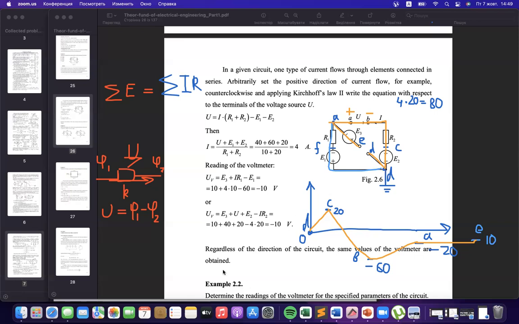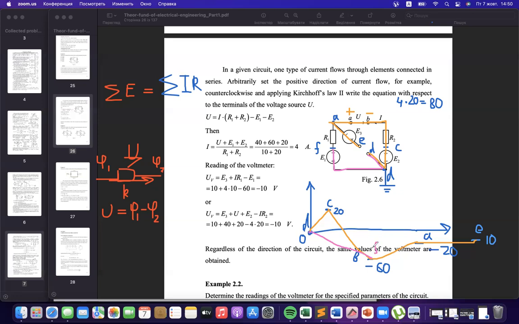If we move, for example, from point D to the source, this source of 60 volts decreases the potential because we're moving in the opposite direction of the source. We will move to this point.